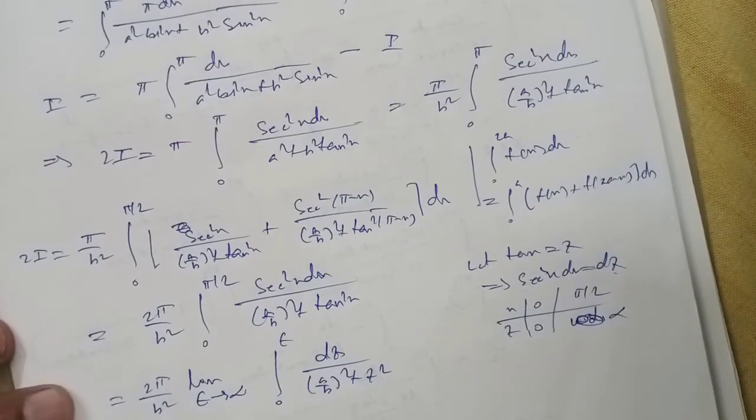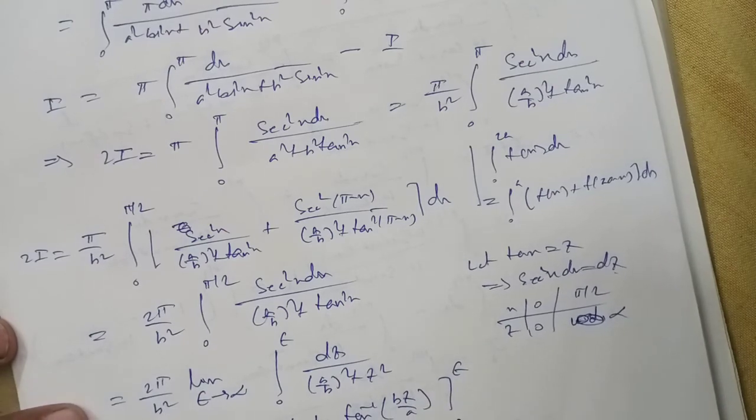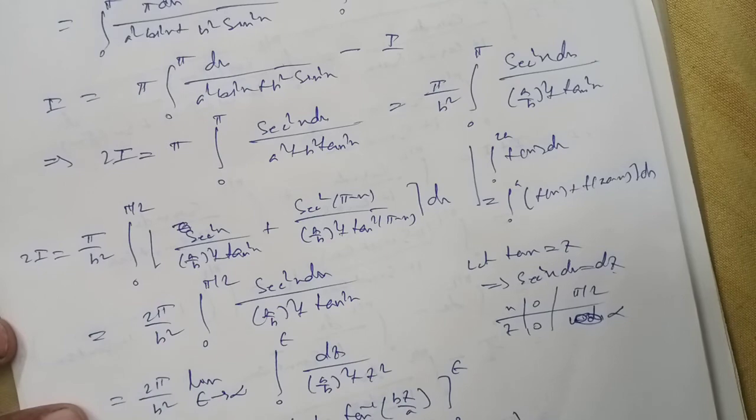Okay, now 2I is this, so I becomes pi by b square, limit epsilon tends to infinity, 1 by a by b, tan inverse of z by a by b, that is bz by a, limits 0 to epsilon. So we get pi by b square into b by a, limit epsilon tends to infinity, tan inverse of b epsilon by a minus 0.